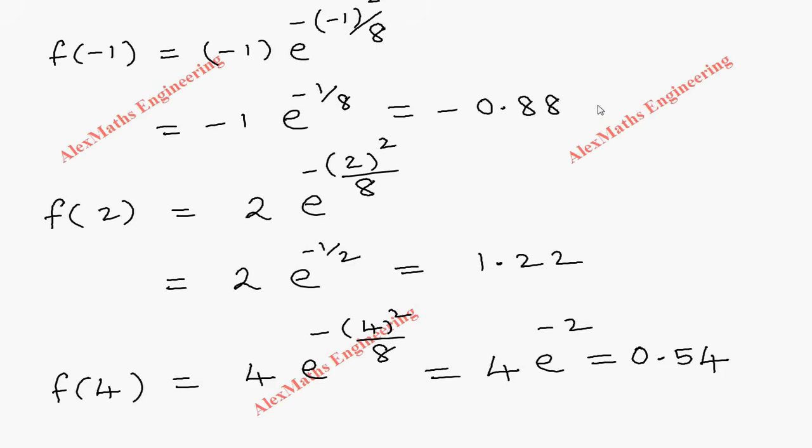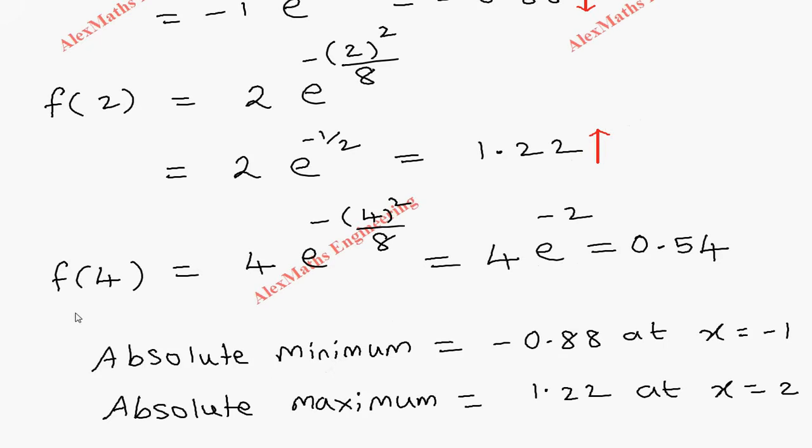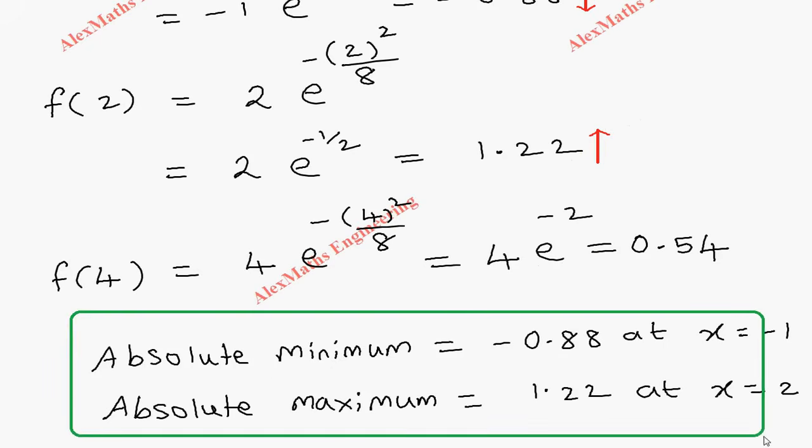So from this, the minimum value is minus 0.88 and the maximum value is 1.22. So we can conclude absolute minimum equal to minus 0.88 at x equal to minus 1 and absolute maximum equal to 1.22 at x equal to 2.